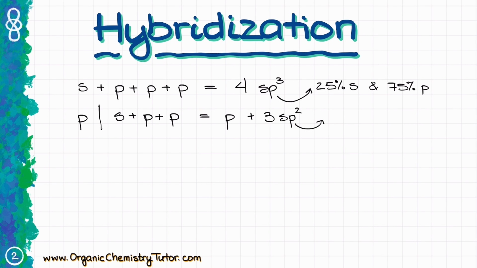Now each of those hybrids is going to be roughly 33% in the s character and about 66% in the p character.